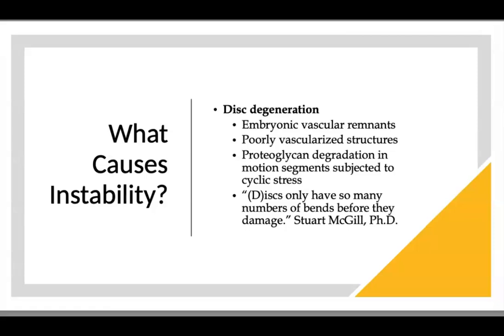Disc degeneration can also impact our instability. We're getting decreased vascularization, which can lead to bony overgrowth, leading to disruption in our motion. We have proteoglycan degradation, so lack of lubrication of our joints.